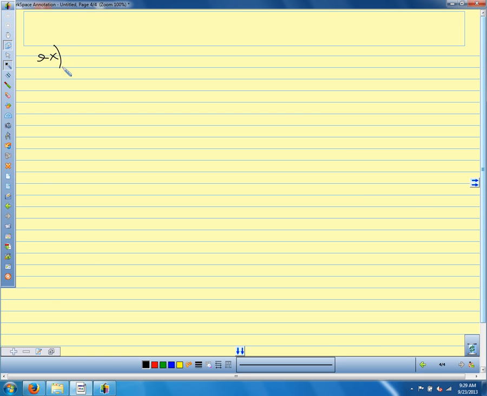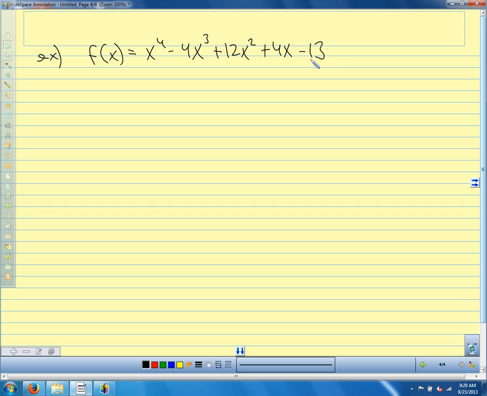Let's say that we have f of x equals x to the fourth minus 4x to the third plus 12x squared plus 4x minus 13.